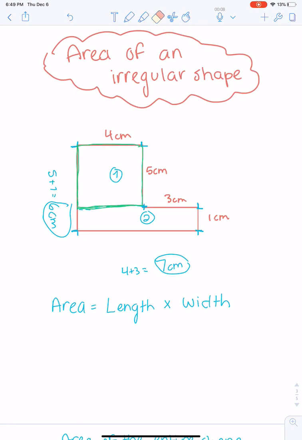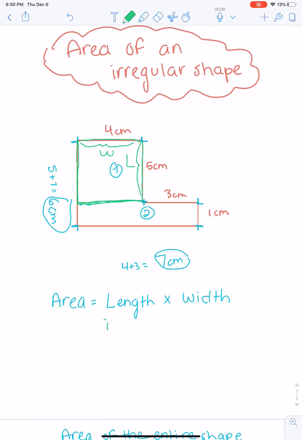If I know the area is length times width, I'm going to look at my length and my width and plug those numbers in. For number 1, it's 5 times 4, which equals 20. So I'm going to put 20 centimeters squared, not forgetting my little 2 up there.